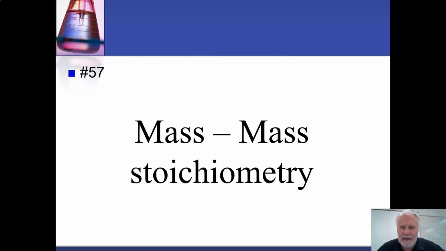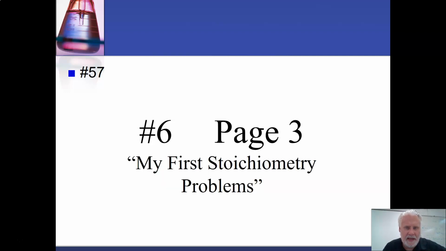You'll get it. All right, number 57 is going to involve a little bit of extra research, like stopping the video and grabbing my stoichiometry packet, which you never threw out as agreed on the front page. And if you go to number 6 on page 3, and I did have you staple the questions onto the back so you can see what the question was and how we solved that one.